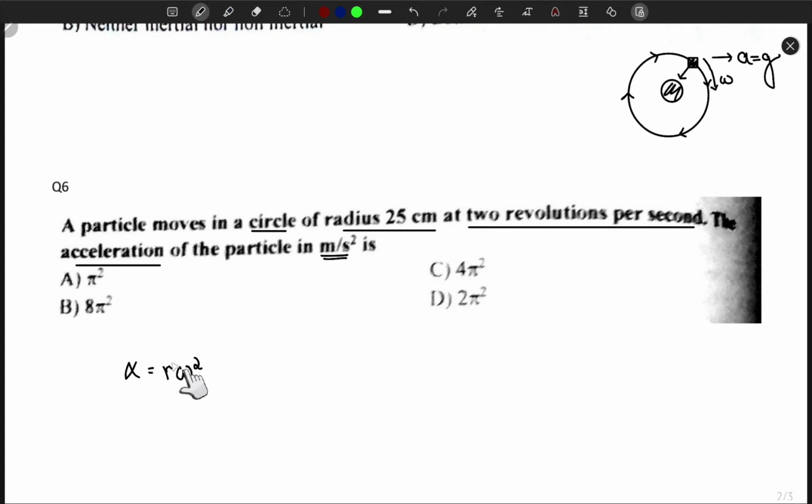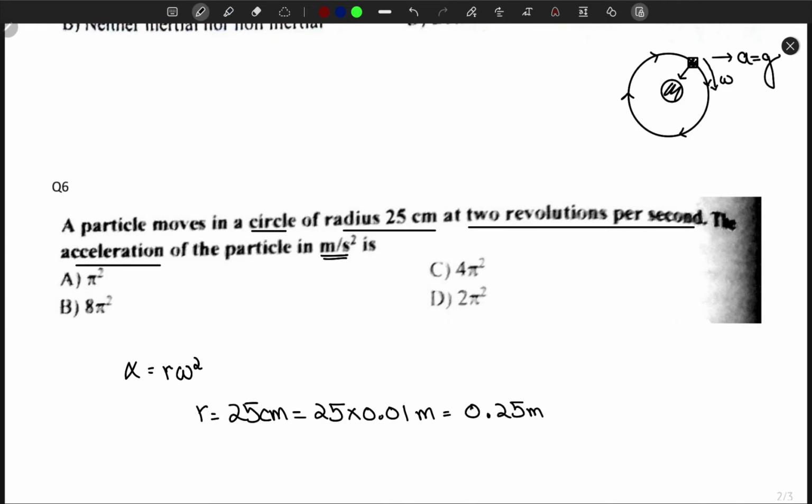So let's see. We'll use r in terms of meters. So let's get rid of this centi. So r would be, which is 25 centimeters, but we know that centi is just 0.01. So 25 into 0.01 meters. So this gives you 0.25 meters. So that's your r in meters.